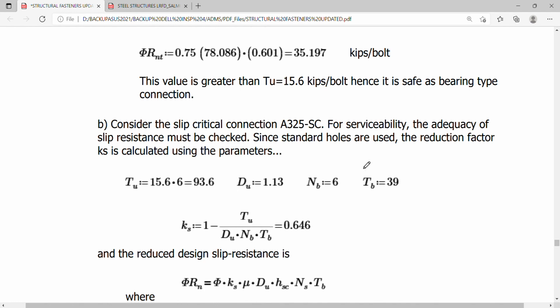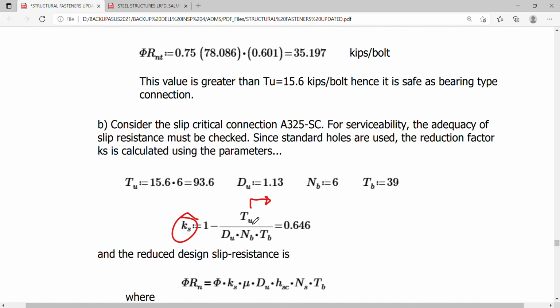The adequacy of the slip resistance must always be checked, and the only difference between what we did a while ago is that there is a reduction factor now because of the additional effect of the tension, which will reduce the clamping force.